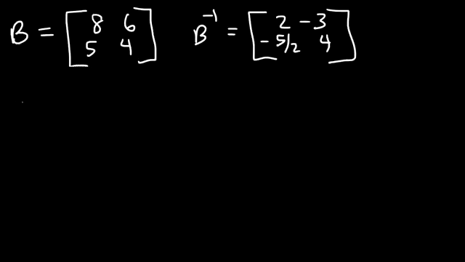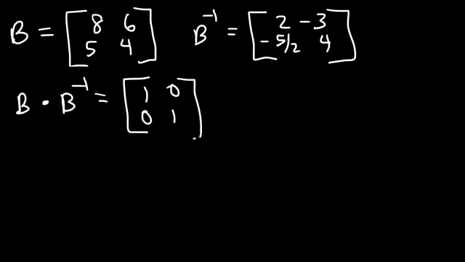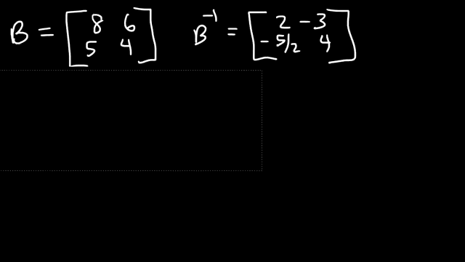Now go ahead and confirm that B times the inverse of B is going to equal the multiplicative identity matrix 1, 0, 0, 1. Go ahead and show that. So let's multiply the two matrices. So row 1 times column 1.